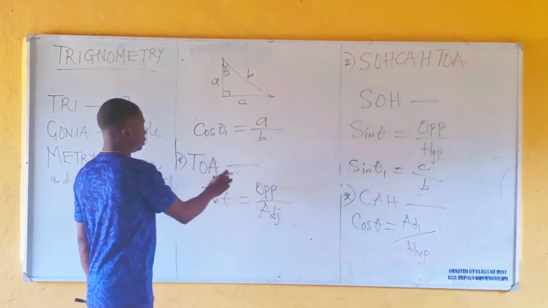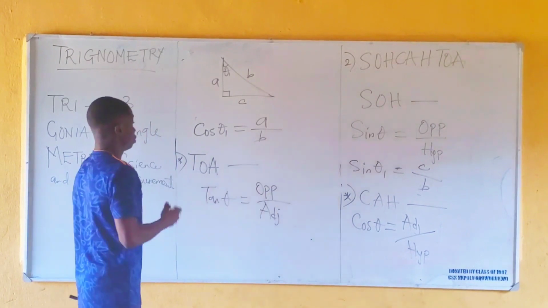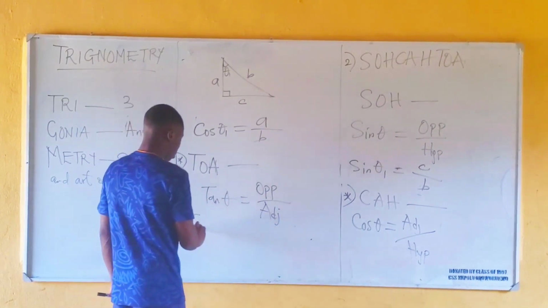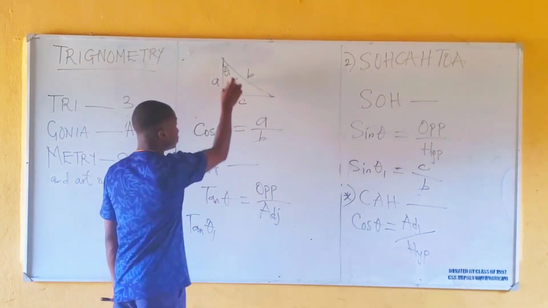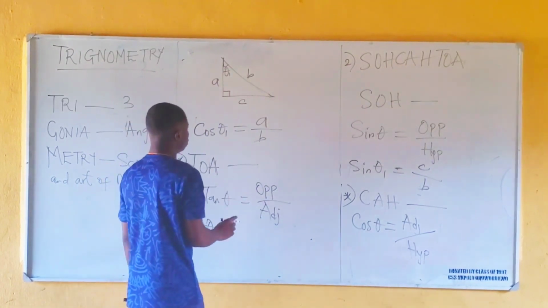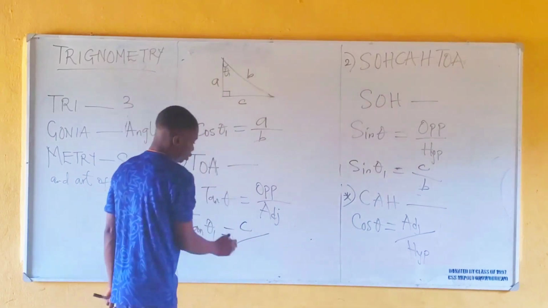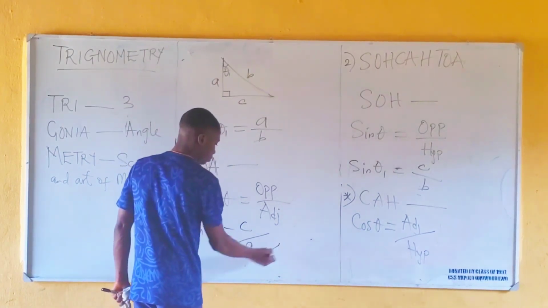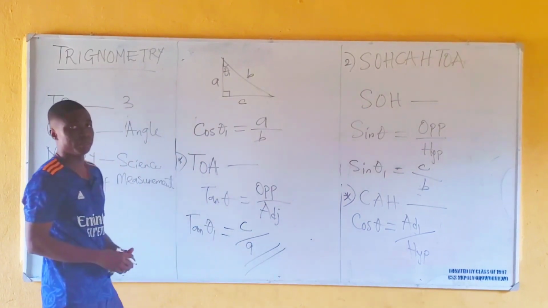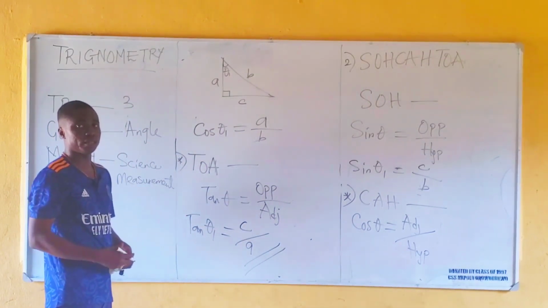O for opposite, A for adjacent, T for tan. So we have tan theta 1 equals the opposite, which is C, all over adjacent, which is A. So these are the major formulas to be used when solving any trigonometry problem.